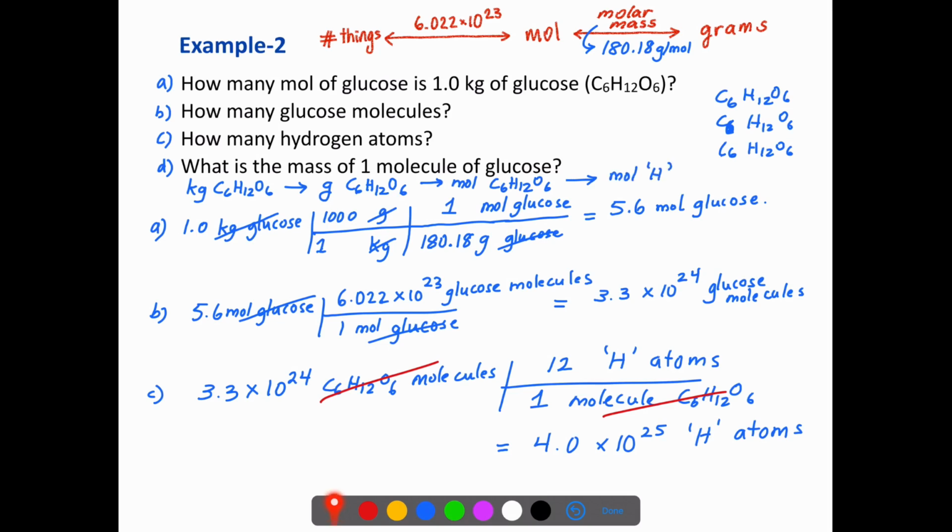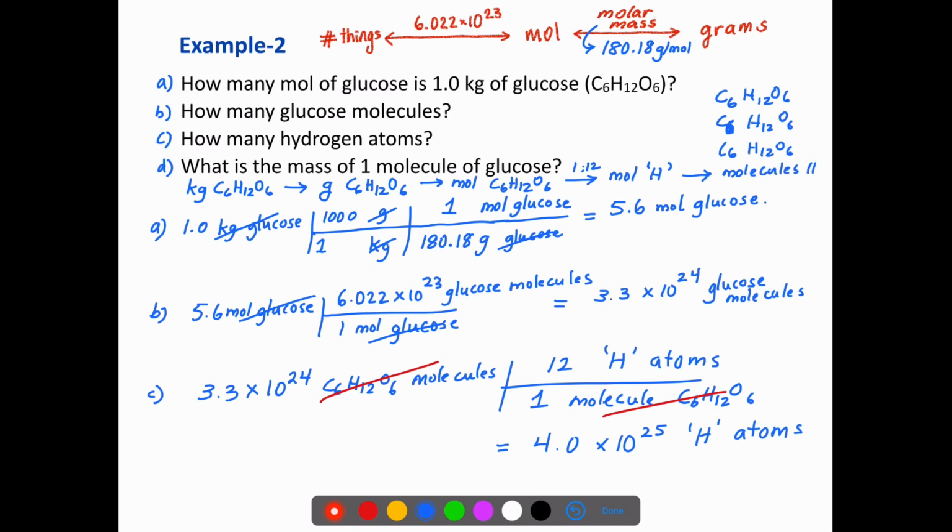And the ratio is 1 to 12. 1 mole of glucose has 12 moles of hydrogen. I kept saying carbon, I meant hydrogen. And then once you have moles of hydrogen, you can convert them to atoms.